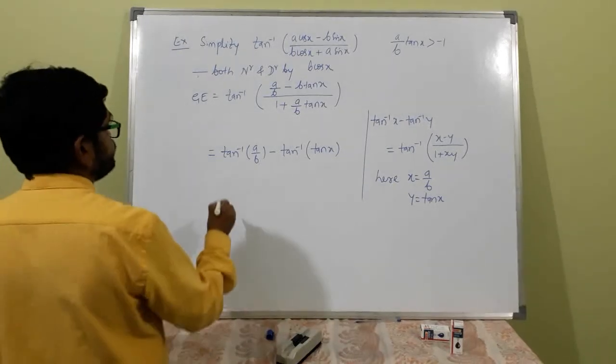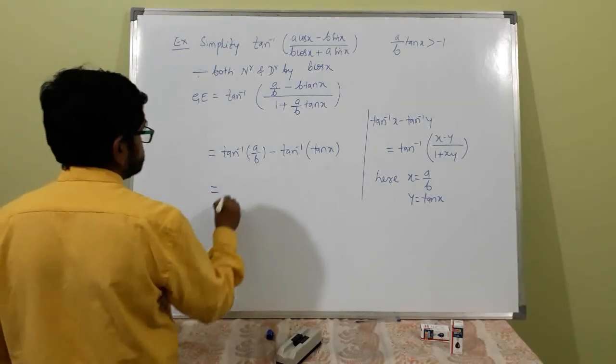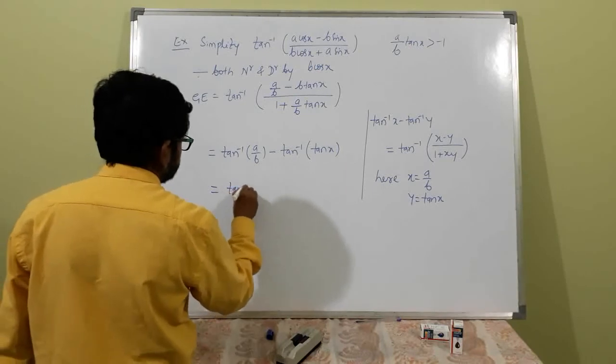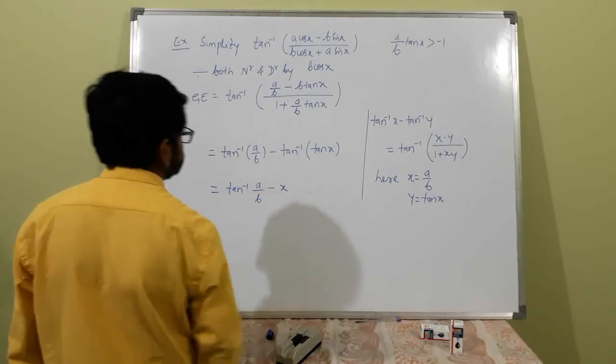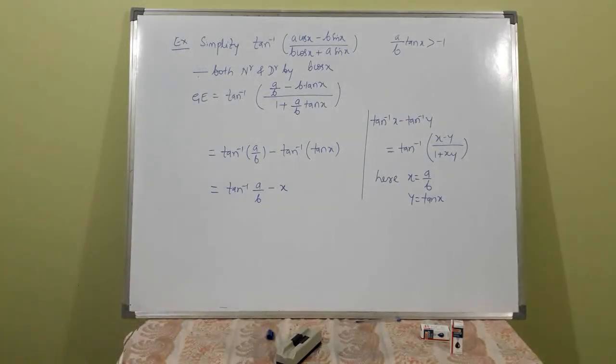So this is tan inverse a by b minus x, isn't it? Anything else? It's correct. Only thing is you have to divide numerator and denominator by b cos x in order to bring that in the standard form.